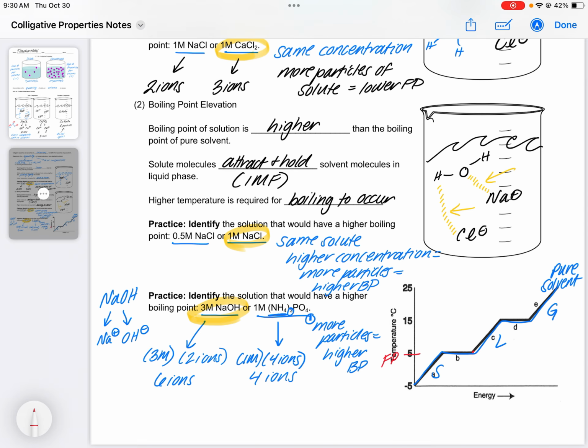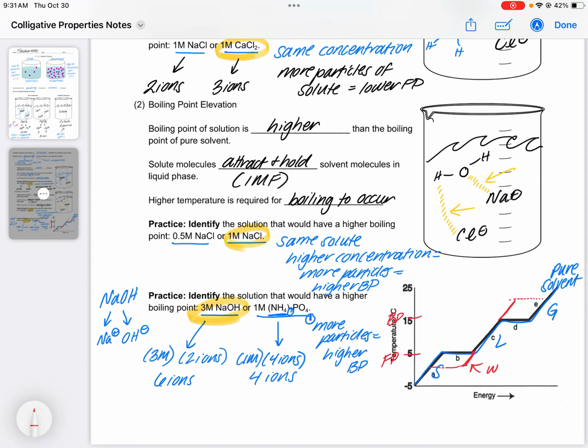With solute added, we lower this freezing point to maybe somewhere like here. And so this part of the liquid phase has been extended. Our boiling point of this pure solvent is here. With a solute, we are increasing the boiling point to maybe here. And so this part of the liquid phase is increased.